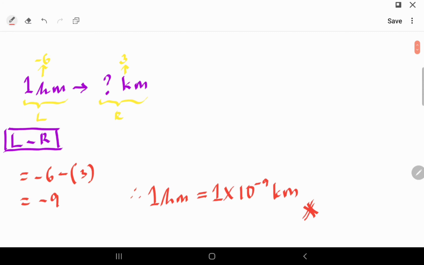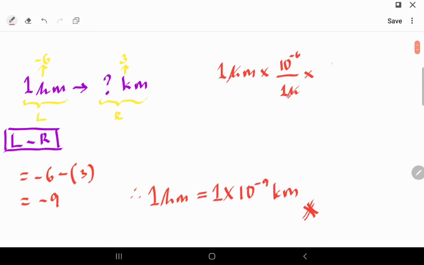It's quite simple. Again, we do the same thing. 1 micrometer. First we need to cancel out micro, so we put micro at the bottom here: 1 micro equals 10 to the power of negative 6. Micro and micro cancel each other. Then we multiply, because we need to convert the unit to kilo.